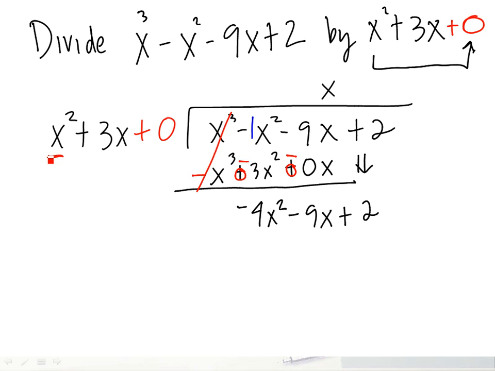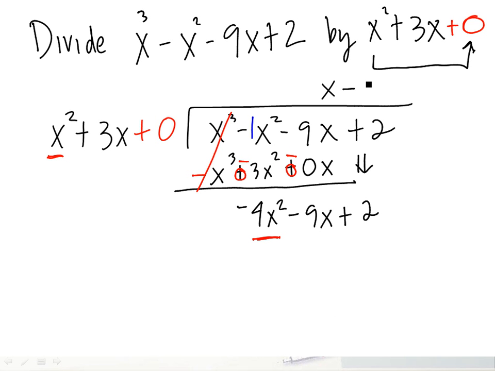X squared times what is -4x squared? So notice that this degree, the highest exponent, is the same as this one. So we must continue. Now if that was x to the first right here, then stop, because that's your remainder. But since it's the same, we've got to keep on going. Alright, x squared times what is -4x squared?